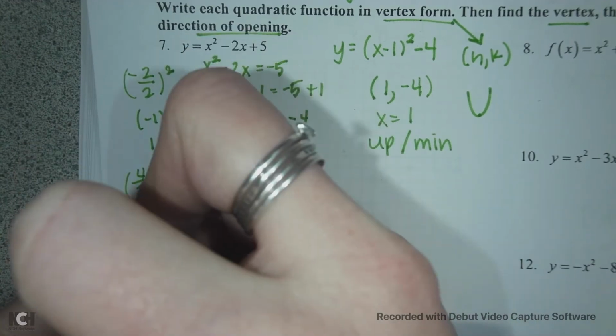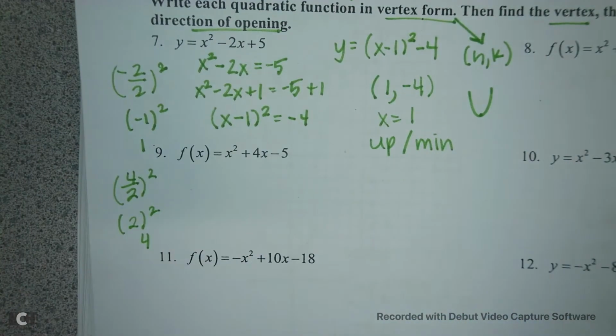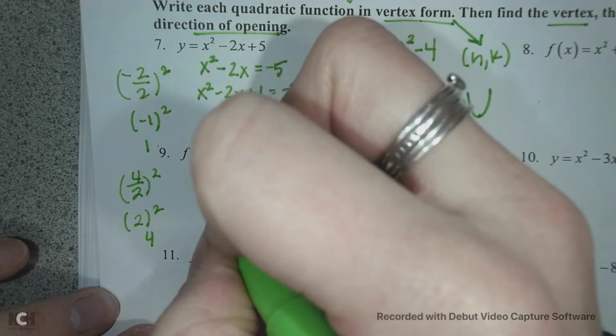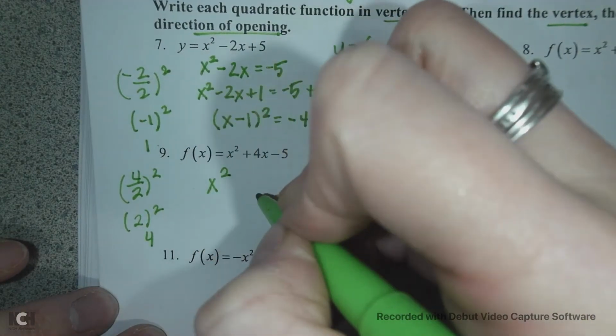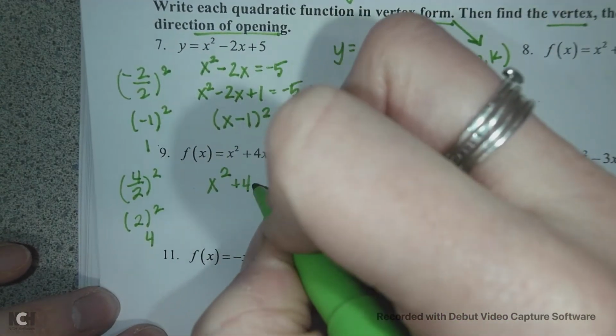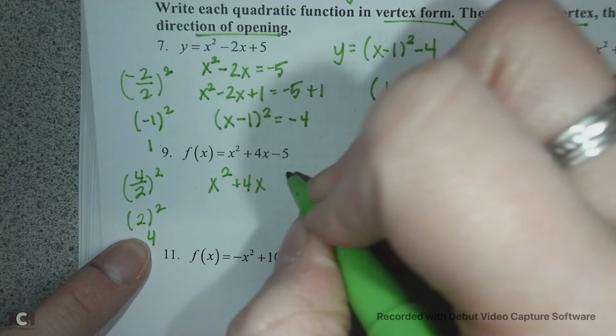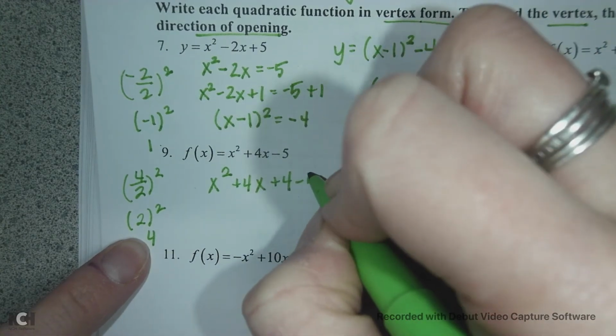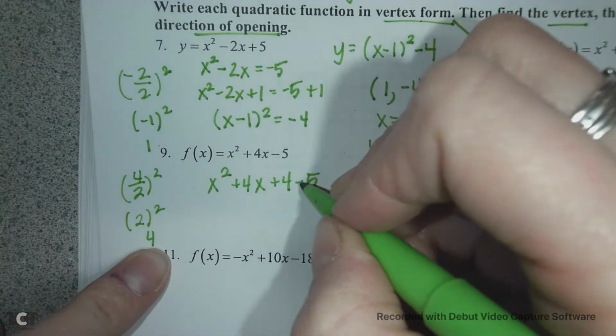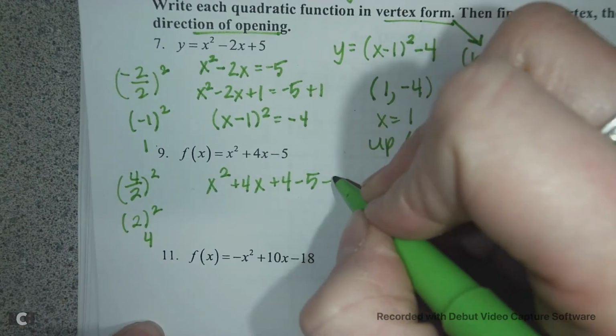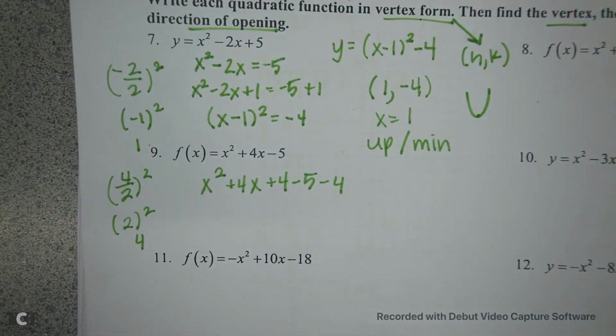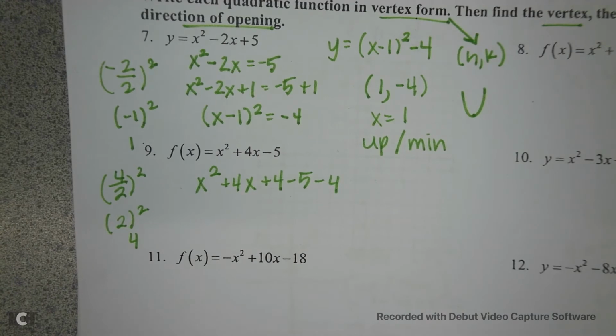So 4 divided by 2 is 2, 2 squared is 4. So my equation is x squared plus 4x, I'm going to put my new number, plus 4 minus 5, and then in order to make this not really affect my equation, I'm going to take off 4. And you could put the equals and put it on the other side and then move back if you wanted to, but you don't have to.